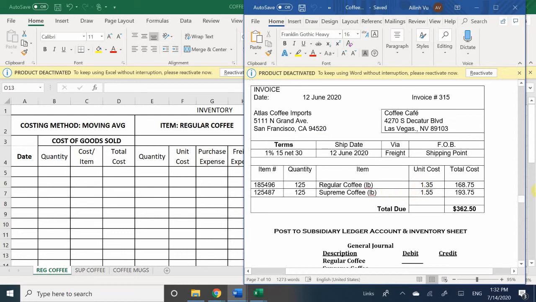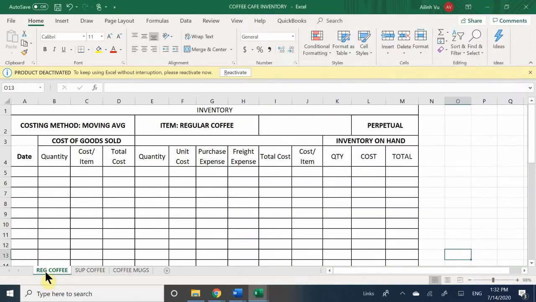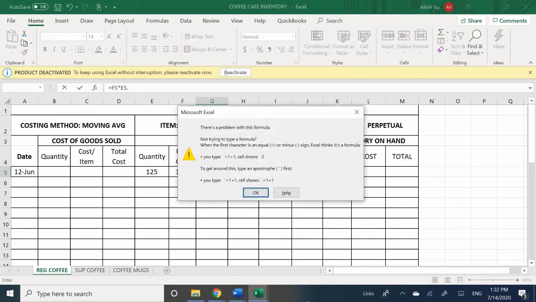So I'm going to go to my regular coffee, and the date is going to be the 12th. We didn't sell anything yet, so we're going to go straight to the middle part, our inventory on hand. And we bought 125 at $1.35.